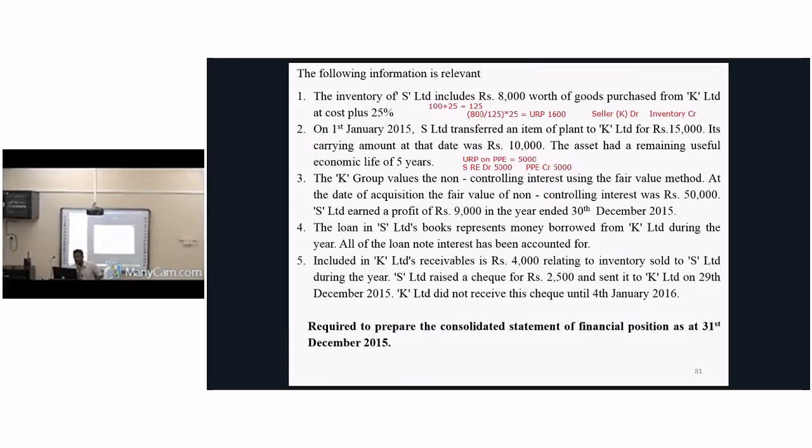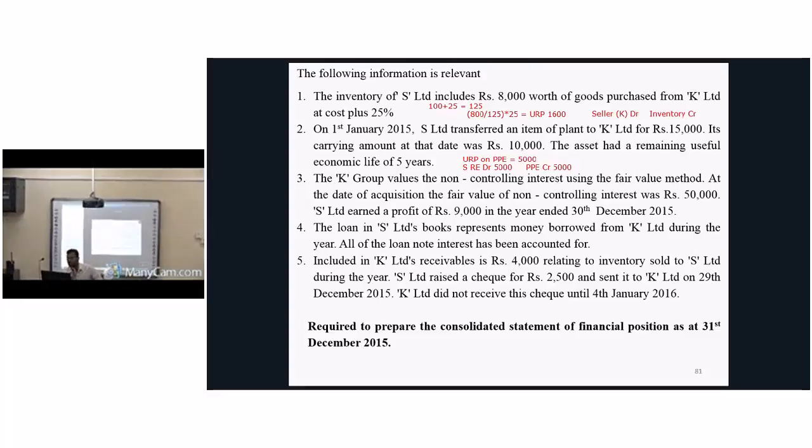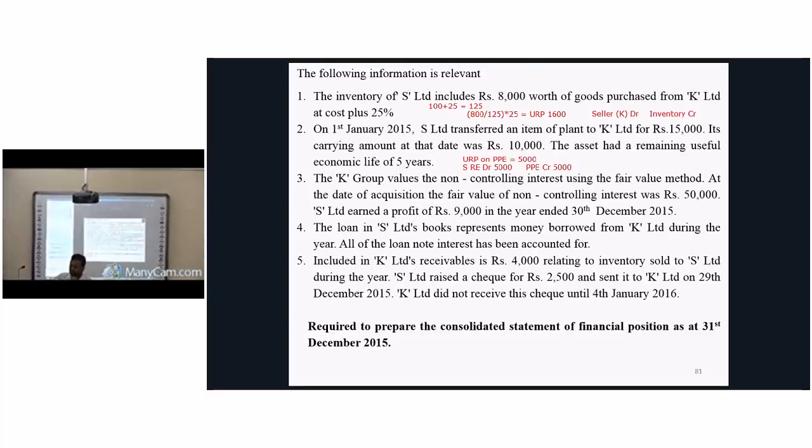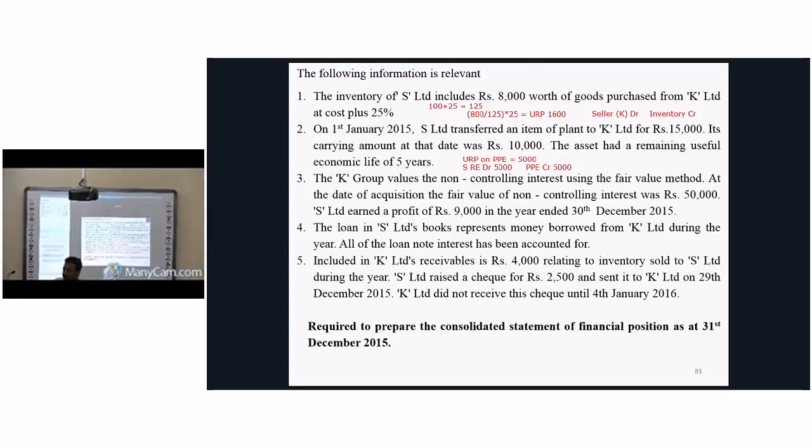And also we have to think about depreciation, over provision of depreciation as a result of this artificially added profit. Artificially added profit by the subsidiary to the parent is 5,000. On that, the parent has provided depreciation based on the remaining useful lifetime of 5 years. So this 5,000 should be divided by 5.